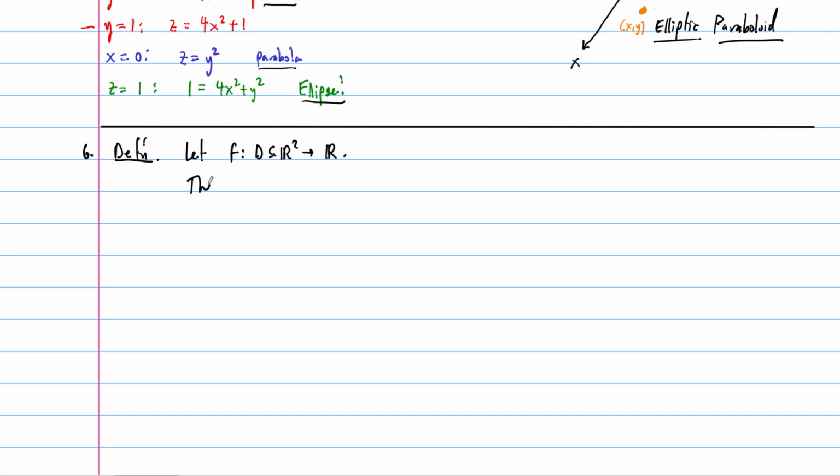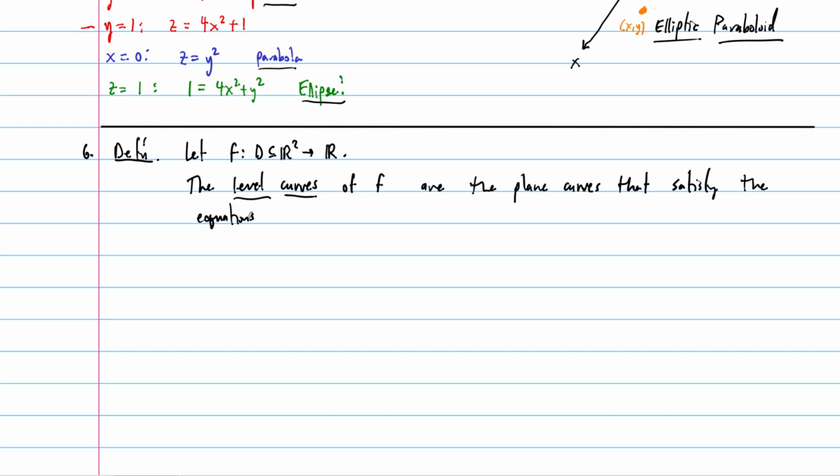Then the level curves. This is what we're defining here. The level curves of f are the plane curves that satisfy the equations f of xy equals k for each k in the range.